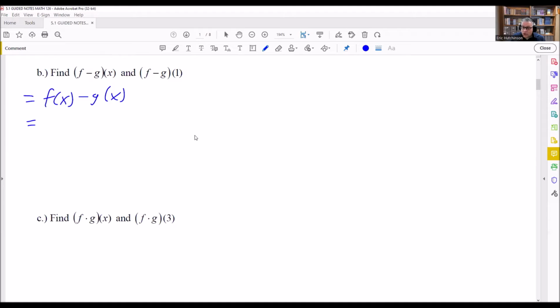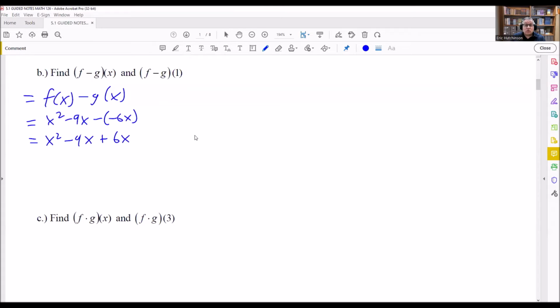Okay, so x squared minus 9x. Now, we got to be careful here. We're subtracting a negative 6x. We have a minus as part of our operation we're doing here, but then we have a negative that's part of our function. So we have minus minus that's happening on this. So we want to turn the negative negative into a positive.